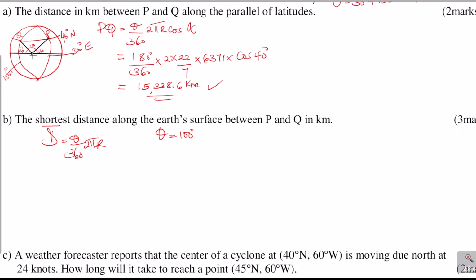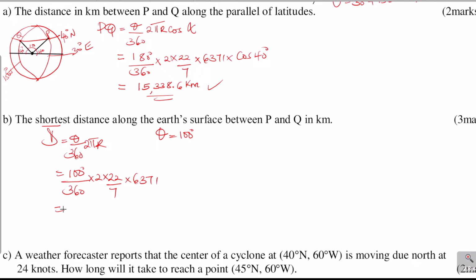to be 180. So this will give 100 degrees divided by 360 multiplied by 2 times pi, which is 22/7, times the radius of the earth, which is 6371.